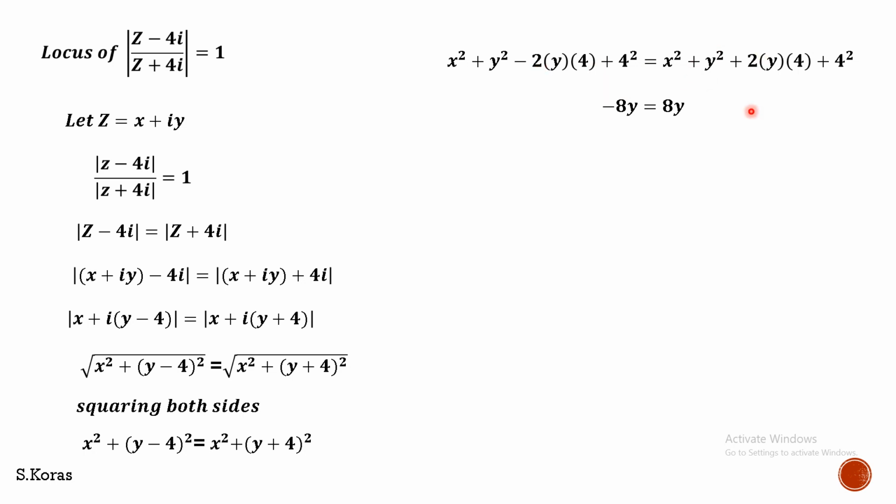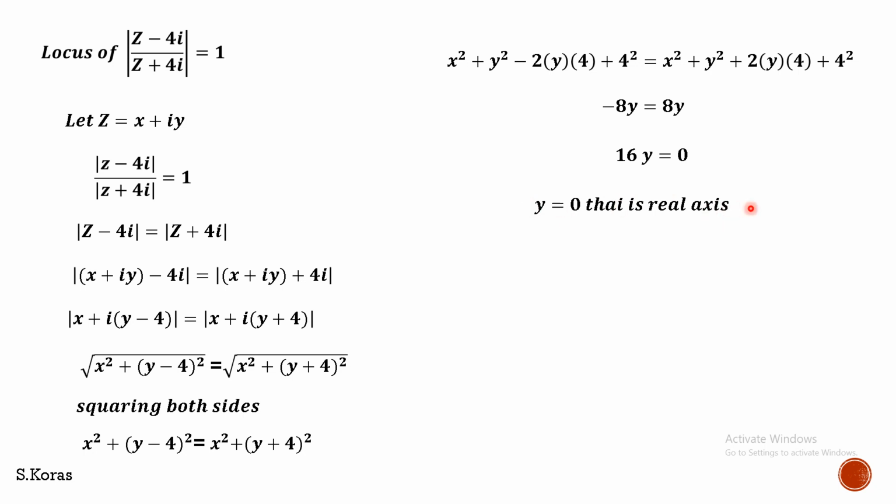If we simplify this, minus 8y moves across and becomes plus 8y, that is 16y. So that is nothing but y is equal to 0, that is the x-axis or real axis, because y is equal to 0 means the x-axis, and in complex numbers the x-axis is represented by the real axis.